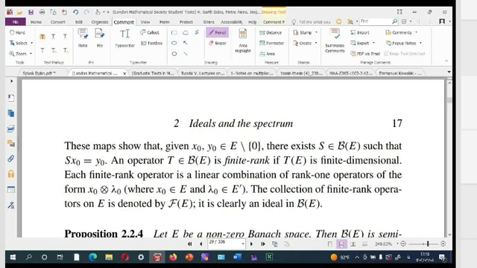An operator T in B(E) is finite rank if its range T(E) is a finite dimensional vector space.